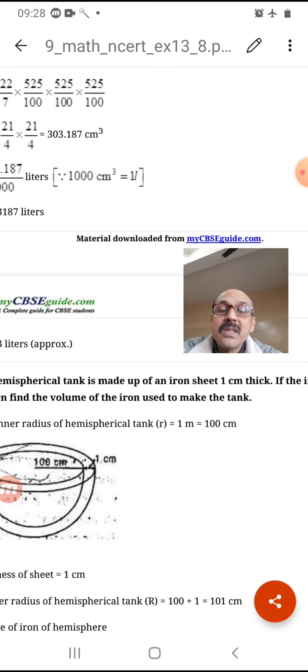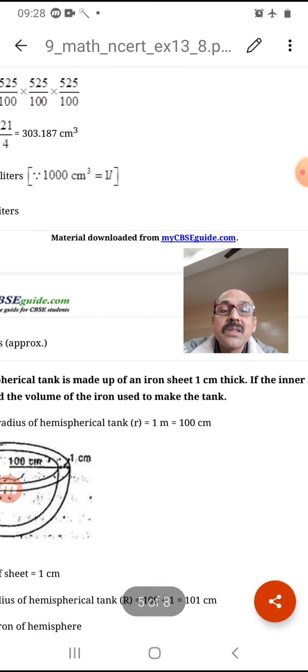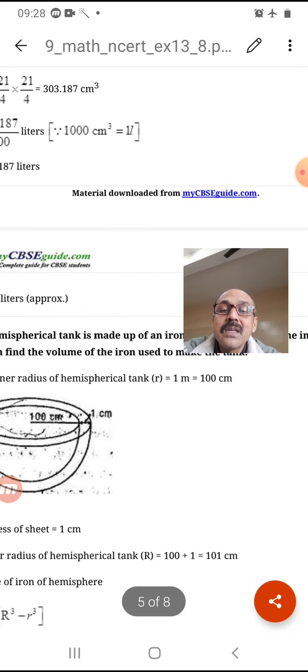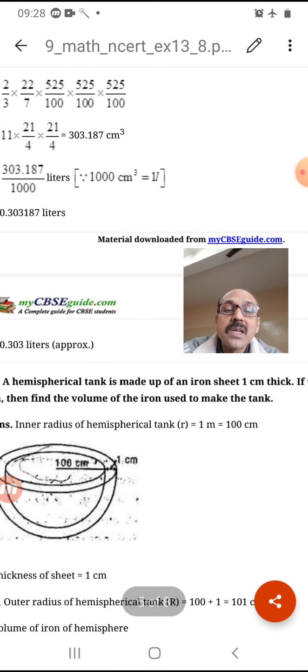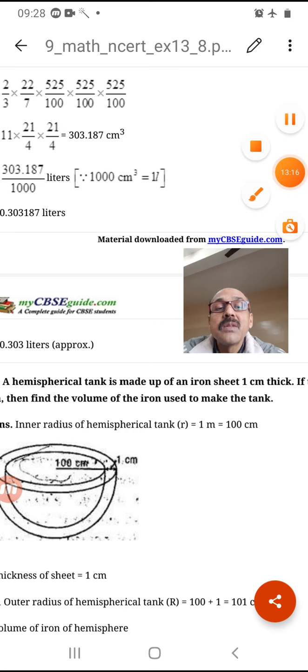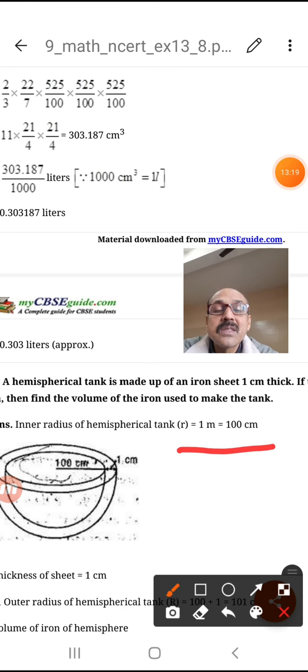So the inner radius is given as 1 meter, that is 100 centimeter, and the thickness is 1 centimeter. So this part is the thickness, and 100 centimeter is the radius.